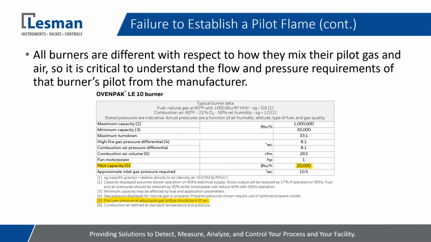So when we look at the different burner designs, they're all very different with regards to how they do their pilots. Some burners have a completely separate pilot flame, which has its own supply of pilot air, and it produces a long pencil-like flame that reaches out into the zone where the main flame is occurring.